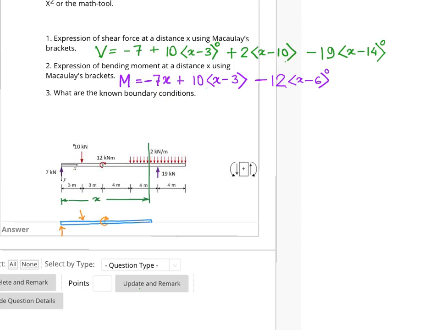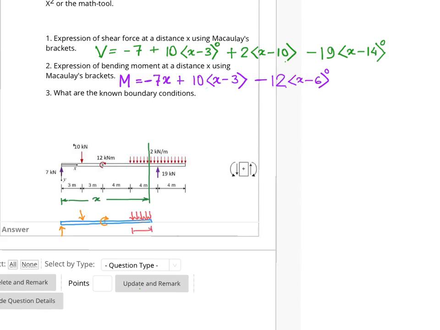Let's take another section over here now, at x which is beyond 10 meter. So we have got 3 load components, 2 direct loads and the moment that we considered before. But for x more than 10 meter, we have started to get this UDL loading, which is 2 kilonewton per meter.